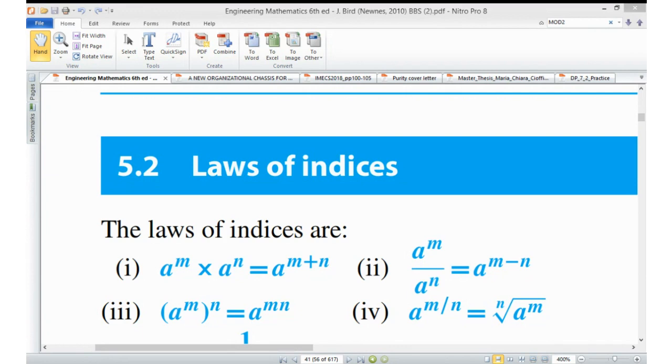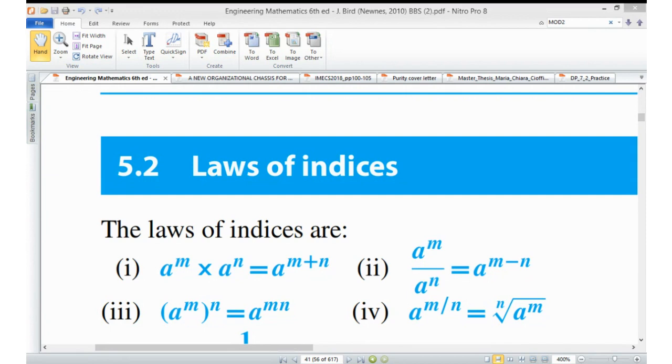If we are given a base raised to a specific power, then the whole expression again is raised to another power, that is n. Then for us to solve or simplify this, we just multiply the powers. So we can as well say this is equivalent to a raised to power m multiplied by n. And the whole of that is called expansion of power.